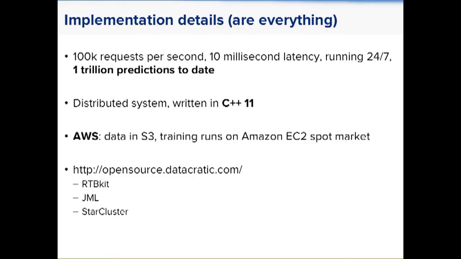The underlying technology of RTB Kit is what we use to build the RTB Optimizer, so that's fully open source. All of our machine learning algorithms, we have in-house implementations, which are also open source. JML, Jeremy's machine learning library. Jeremy's our CTO and founder. And I've just highlighted Star Cluster. We're a contributor to the Star Cluster project, which is a way of managing an open grid engine on the Amazon spot market.